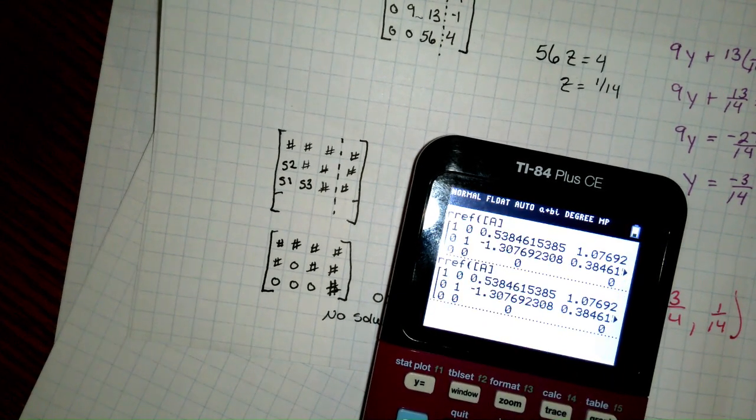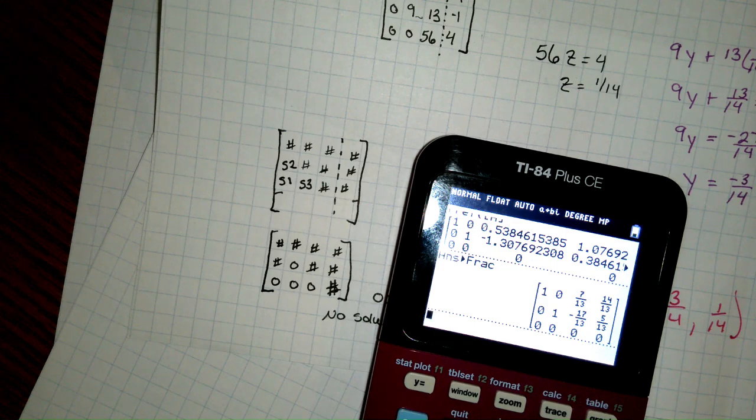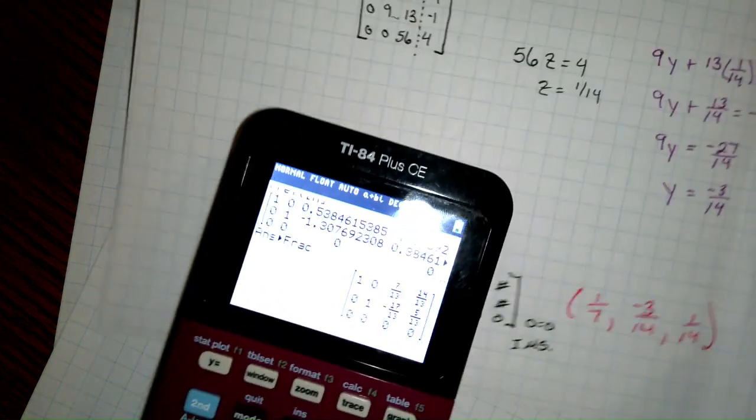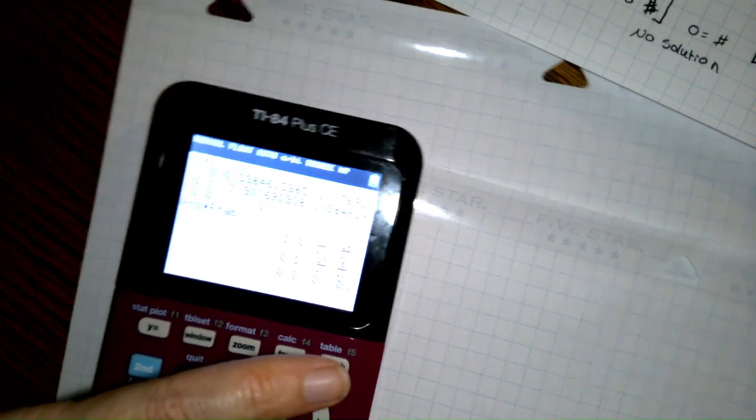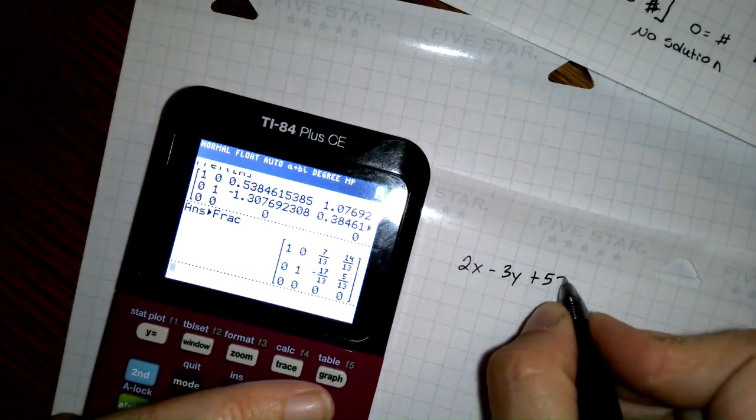And we're getting really, really messed up looking answers. But if you remember, everything was based on the fractions of 13ths. That was, I'll go ahead and write that problem down here.